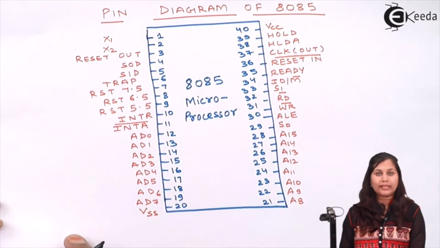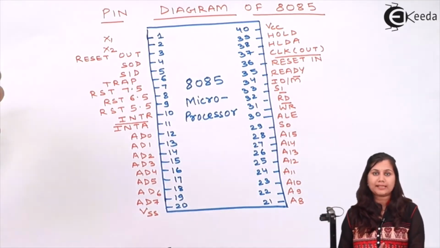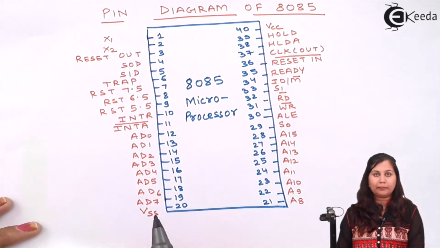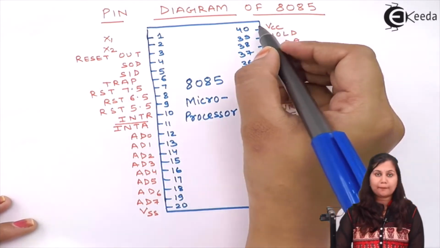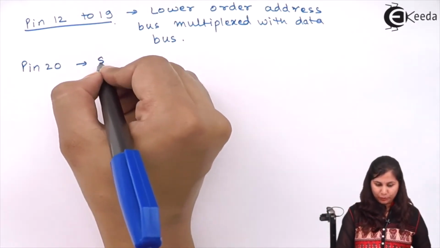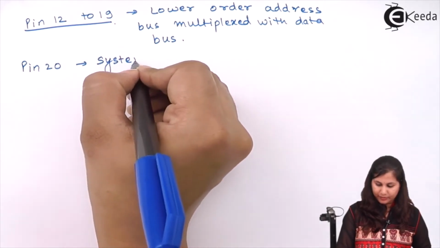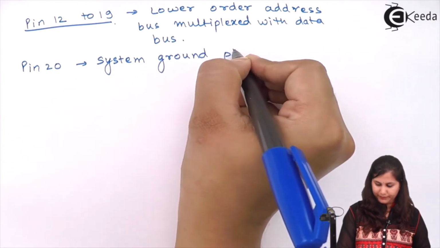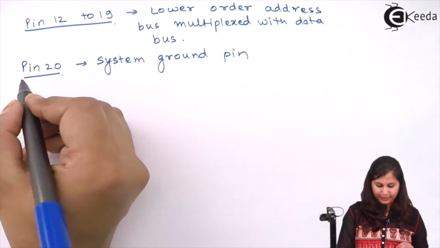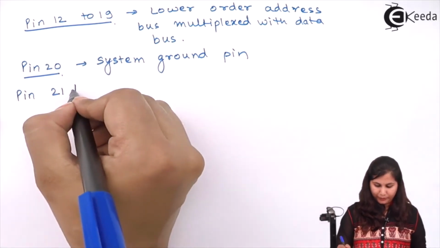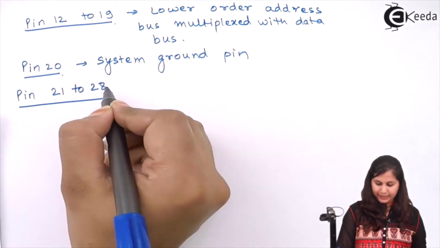So when the 5 volt power supply is connected to the 8085, then the ground is connected to pin number 20, and the positive supply point is connected to pin number 40. So pin number 20 is the system ground pin. Then we have pin number 21 to pin number 28.